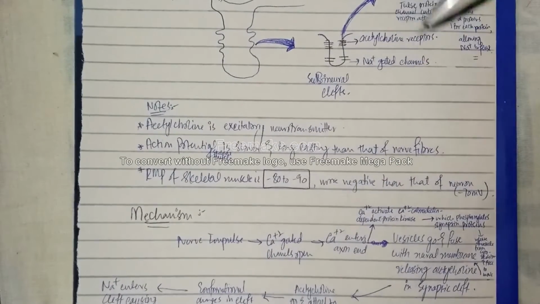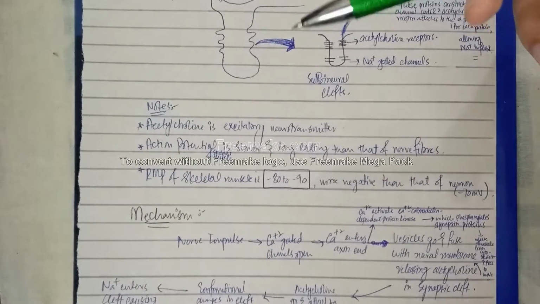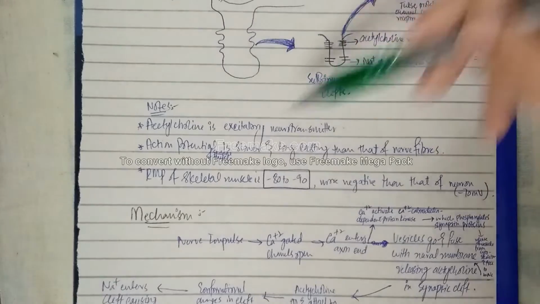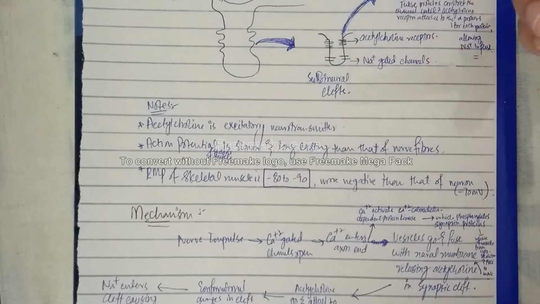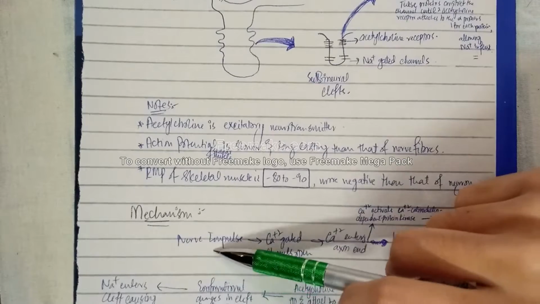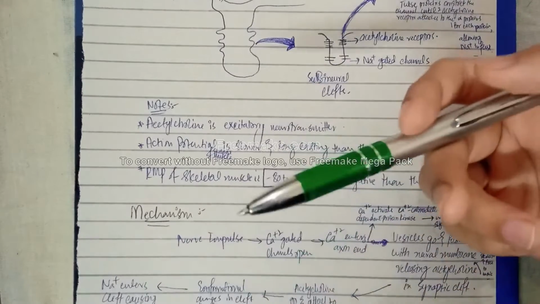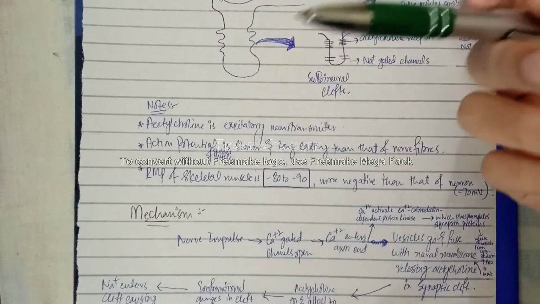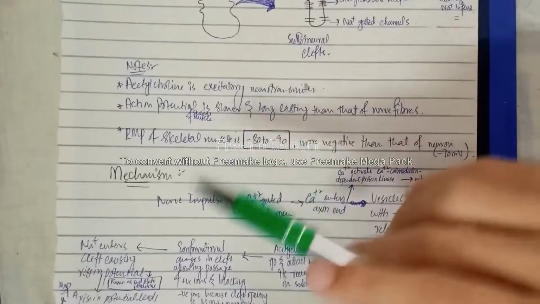Now the way the impulse is transmitted from the nerve fiber to the musculature through this junction is really simple. First of all, the nerve impulse is transmitted from the brain, from the spinal cord, wherever it comes from.